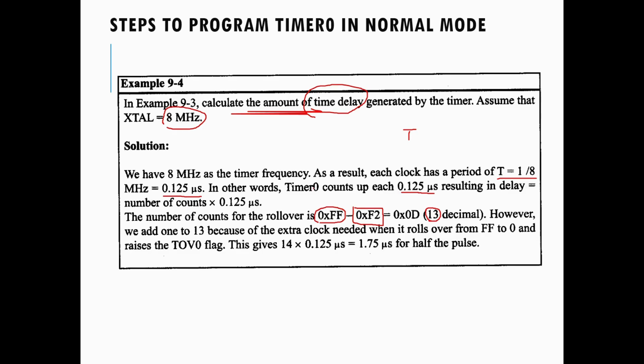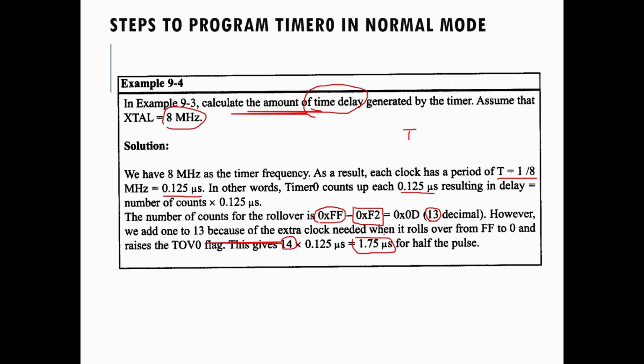So we have 13, and we add 1, which is 14. Therefore the duration of the time delay generated by the timer is 14 multiplied by 0.125 microsecond, which gives 1.75 microseconds for half of the pulse.